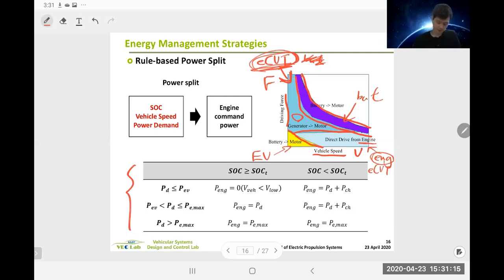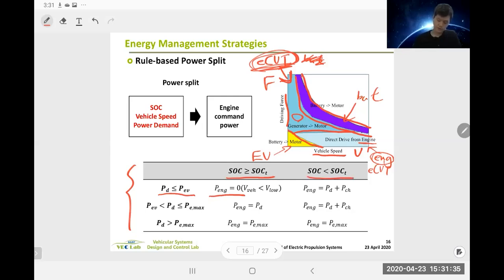Okay, when SOC is high and power demand is lower than EV power, then engine power is 0.